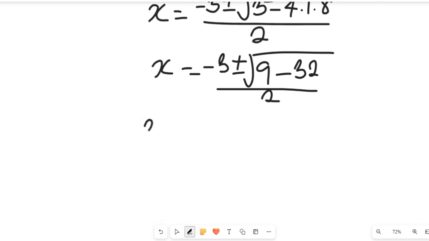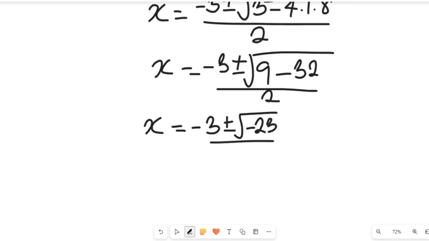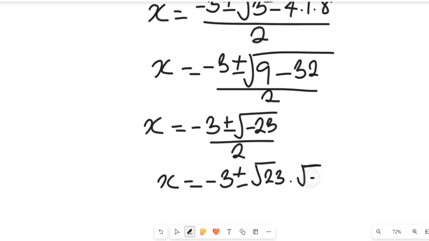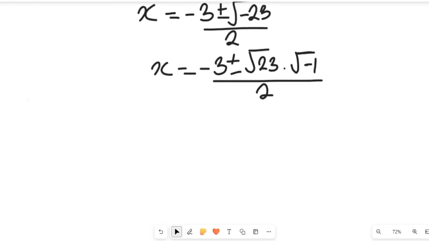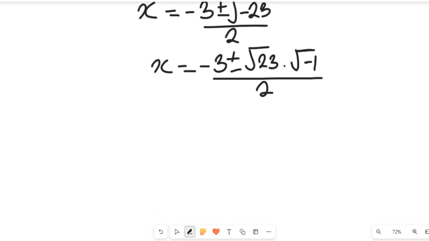Now let's simplify that expression. The expression is going to give us x equal to negative 3 plus or minus the square root of negative 23, divided by 2, right? So our x will be equal to negative 3 plus or minus the square root of 23 multiplied by the square root of negative 1, and this will be divided by 2. Good. So now we are going to simplify further. Remember, from complex numbers, the square root of negative 1 is equal to the imaginary unit i.